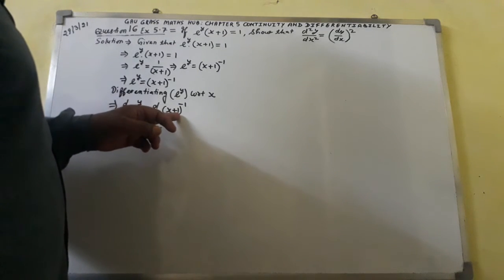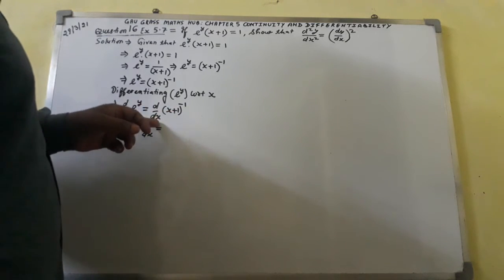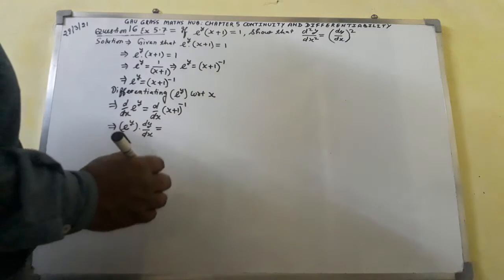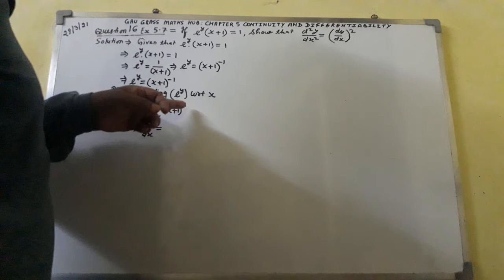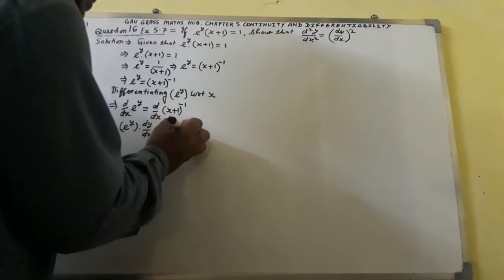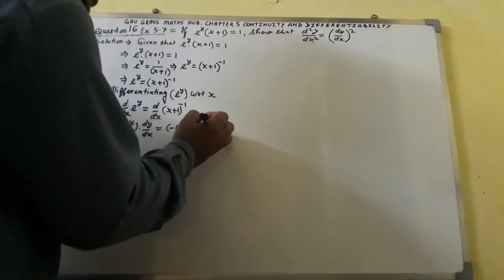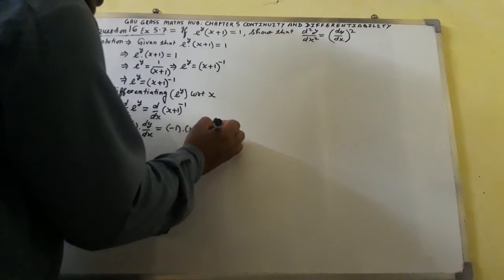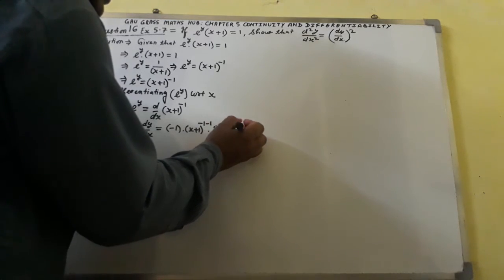here x plus 1 is there in the function, and in the denominator x is available. Both are the same. That's why it can be easily differentiated as d over dx of x plus 1 raised to the power minus 1 comes out to be minus 1 times x plus 1 raised to the power minus 1 times d over dx of x plus 1.